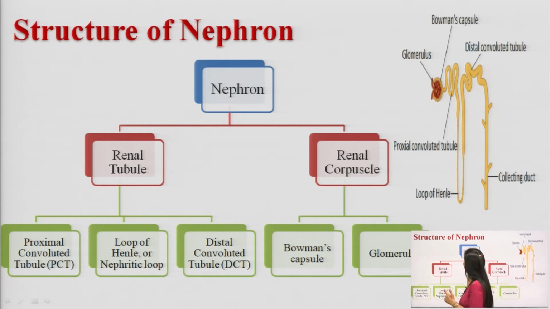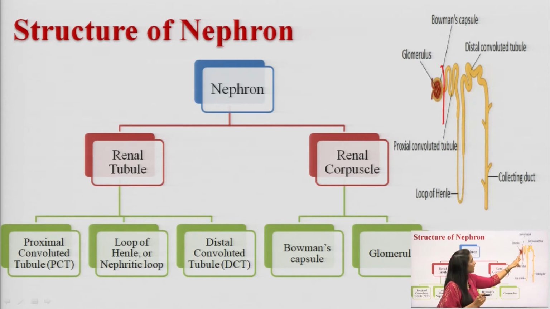Look at here, this is only the corpuscle, and the rest is a tube-like structure, right? So, this is where the tubes start and form. In such a way you can also classify the structure of the nephron. One is the renal tubule, where the tubules are formed, and the second one is the renal corpuscle.